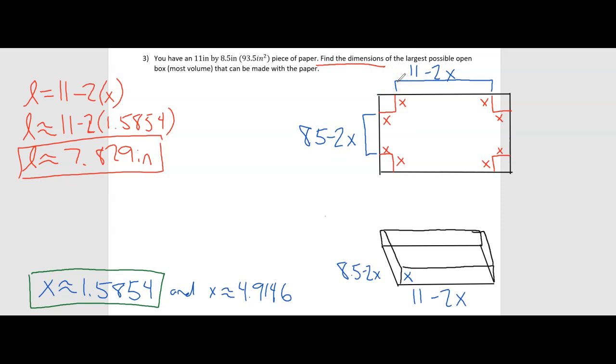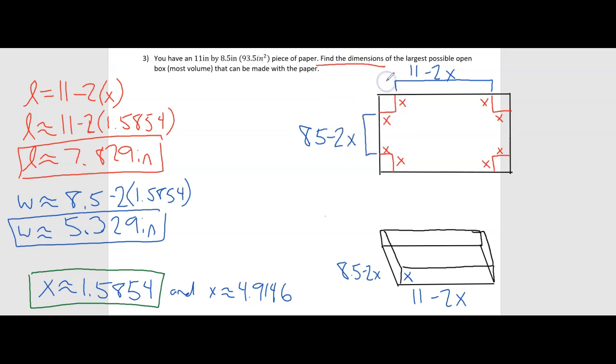We do the same thing for our width. I'm going to skip the first step. Our width is approximately equal to 8.5 minus 2 times 1.5854, which means my width is approximately equal to 5.329 inches.